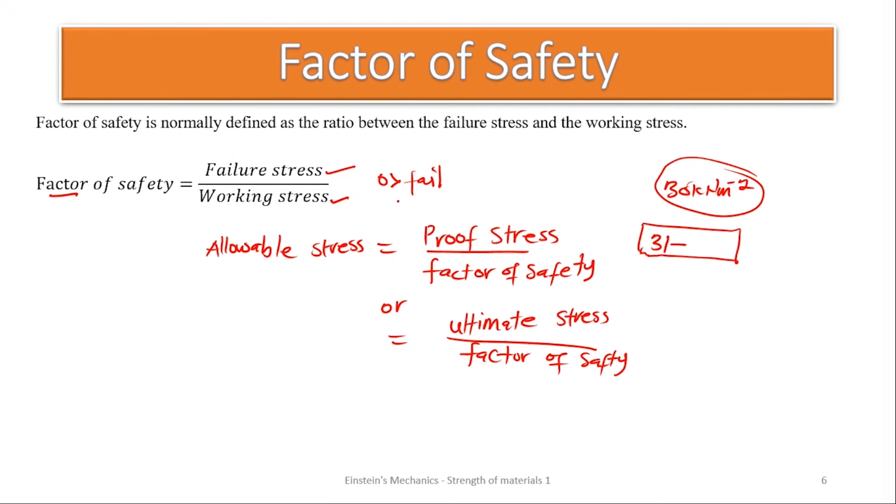If the number is less than one, then it is going to what? Succeed, because the working stress will be greater than the failure stress. So let's take note on that. It's very important.